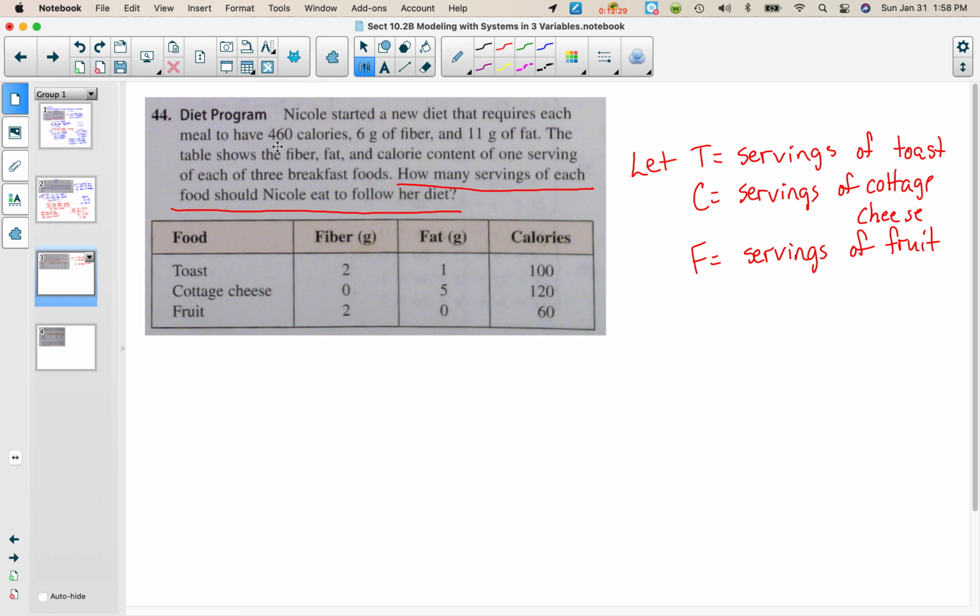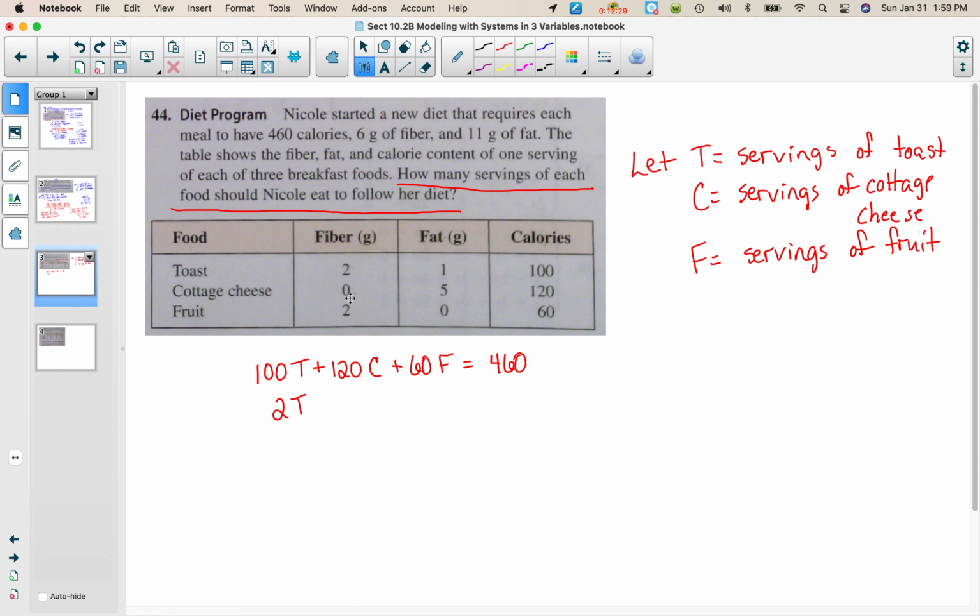So she has a total of 460 calories. Well, 100 calories in each serving of toast, plus 120 calories in each serving of cottage cheese, plus 60 calories in each serving of fruit has to equal 460 calories. Then for the grams of fiber, she wants a total of 6 grams of fiber. There are 2 grams of fiber in each serving of toast.